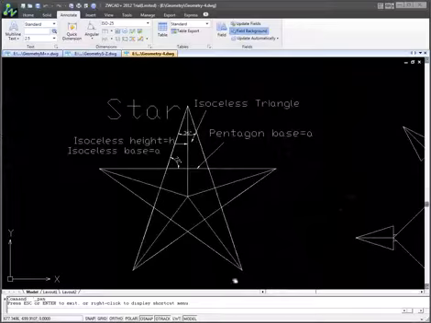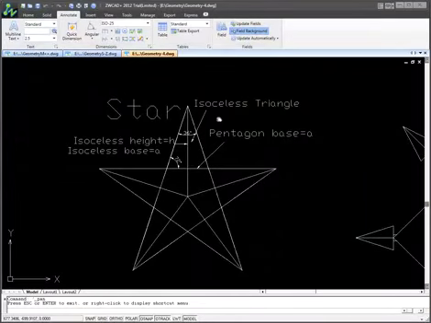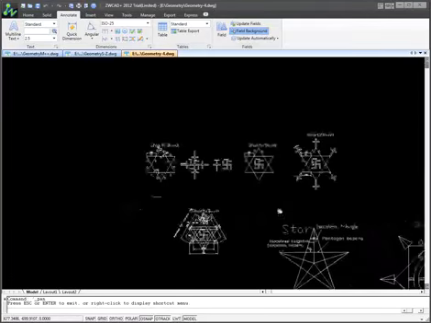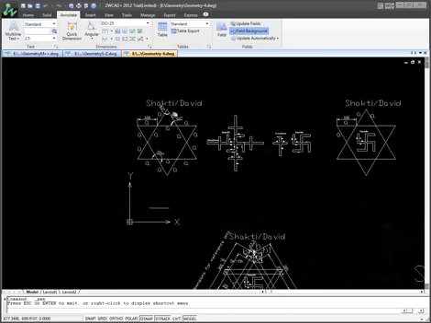Here it is 5, means not 6. This is called star. If you see there's a difference, star is 5 cornered and this David or Shakti is 6 cornered. You see 6 equilateral triangles making one middle hexagon, right?